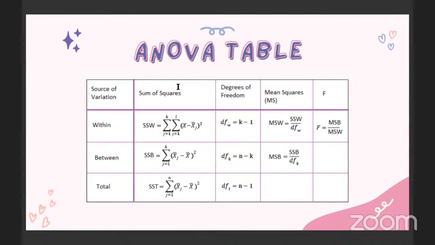Source of variation: between, sum of squares SSB, here's the equation; degrees of freedom, df between equals N minus K; mean squares, MSB equals SSB divided by df between. The F value is MSB divided by MSW. Source of variation: total, sum of squares SST, here's the equation; degrees of freedom, df total is N minus 1.